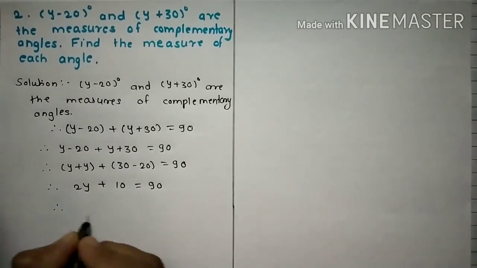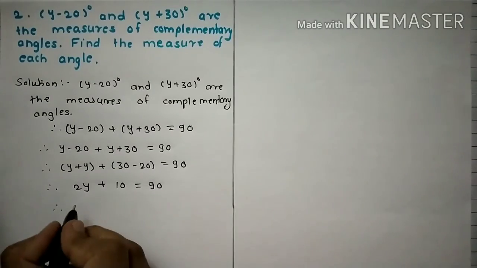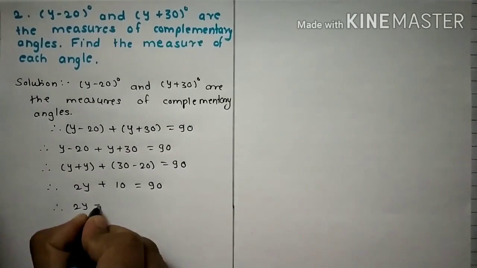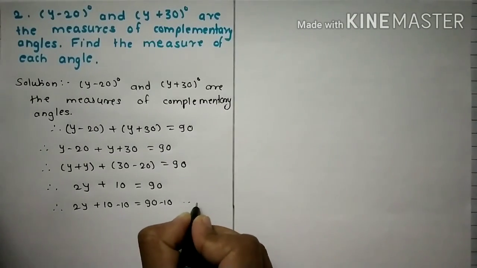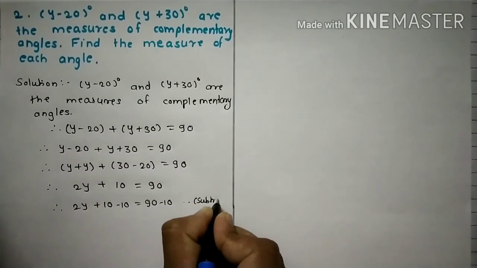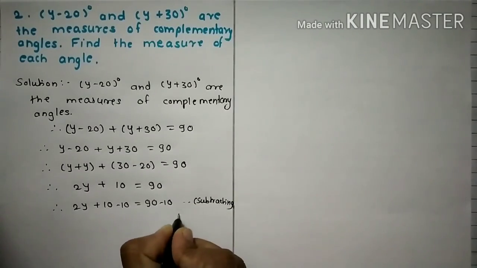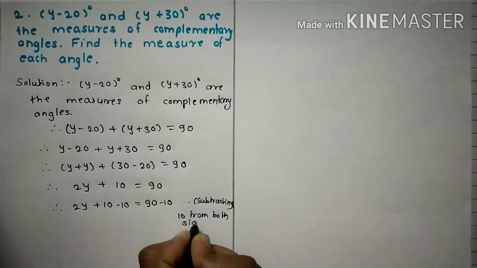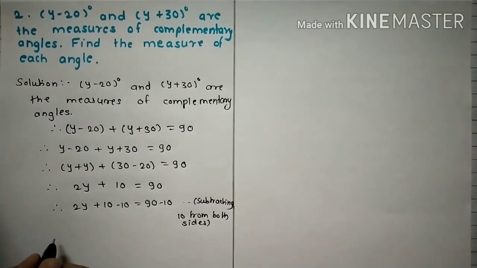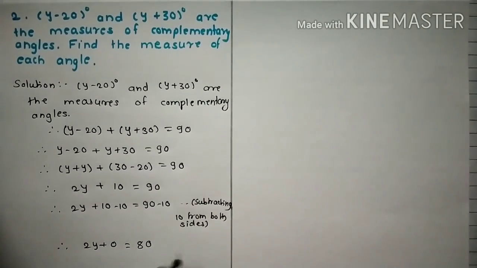Therefore now remove 10. Now subtract 10 from both sides. Write down here, subtracting 10 from both sides. Therefore we get 2y plus 10 minus 10 is 0, equal to 90 minus 10 is 80.